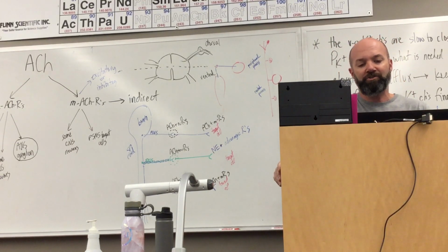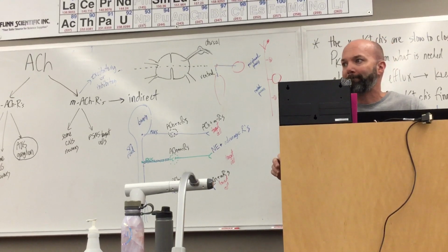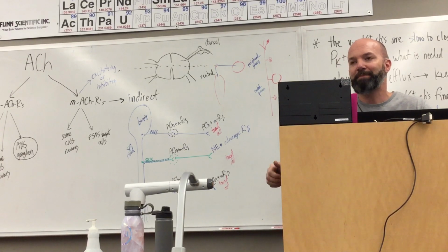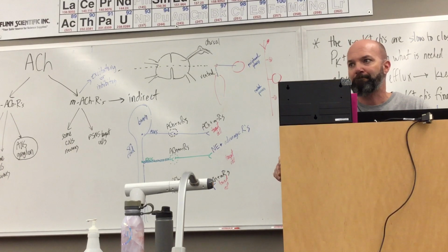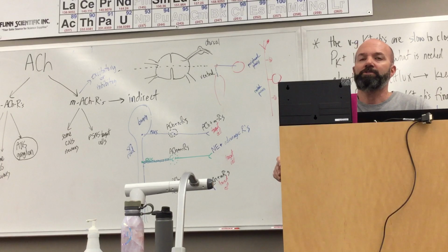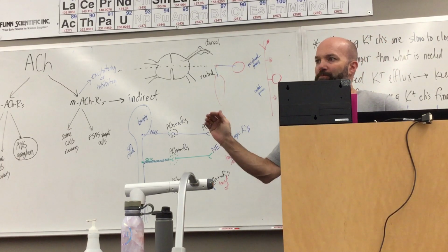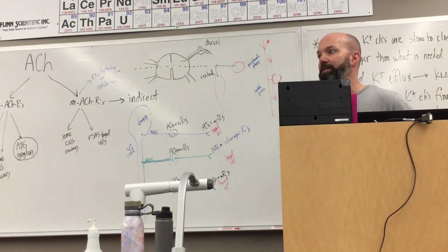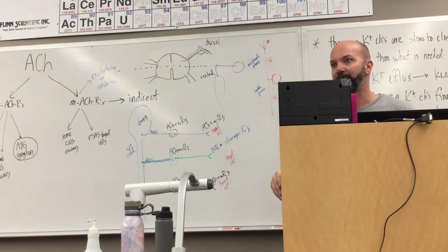What types of summation occur at postsynaptic membranes? What types of summation can occur at a postsynaptic membrane? Spatial and temporal. So if what you're looking at is the activity of one synapse over time, and whether or not it's active enough to accumulate neurotransmitter and generate a really strong graded potential, what type of summation is that?